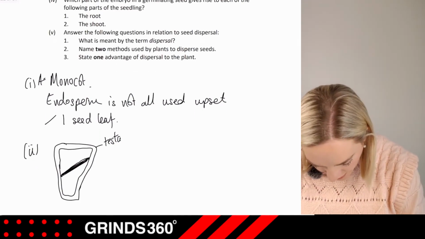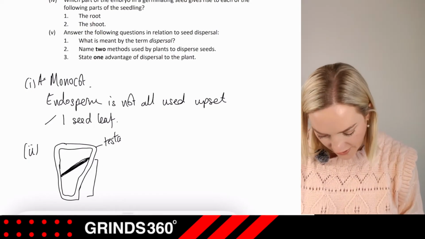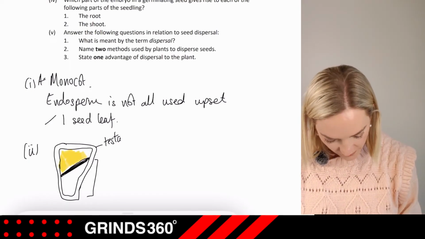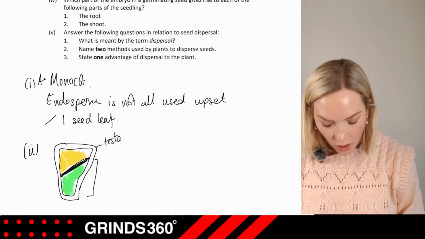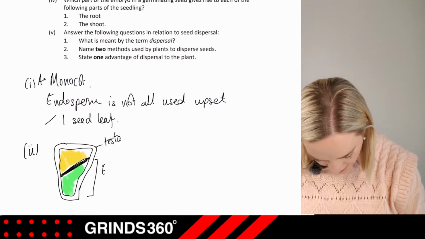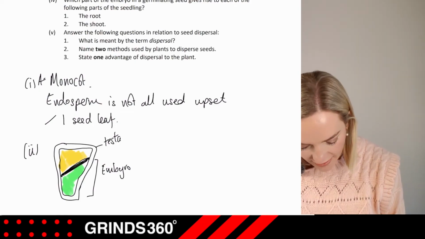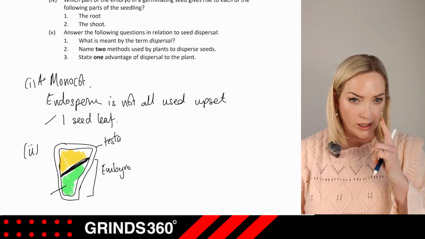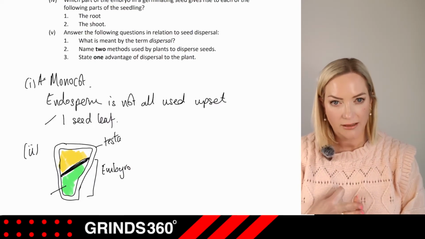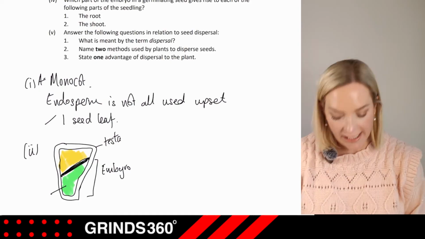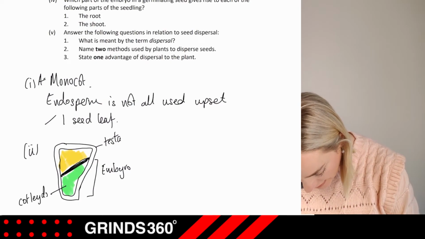Your embryo, let me just color this in. So all of my green part, this is my embryo. Now also within here, remember we said your embryo is made of your plumule, your radicle, and your cotyledon. So anywhere where there is green, we can say that this is our cotyledon. Have I spelled that correct?